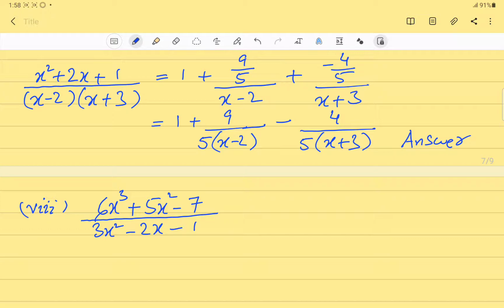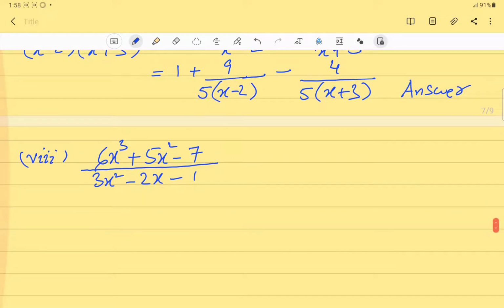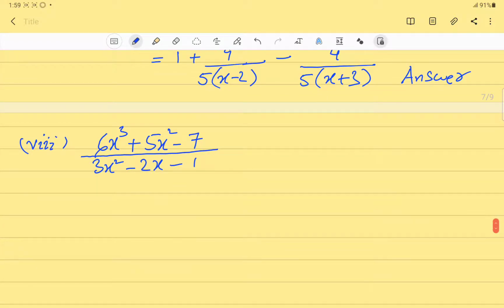When we apply our check to see if the numerator has a higher degree of x as compared to the denominator, we find that yes, the numerator degree of x is higher. So in this case we have to divide numerator by denominator.